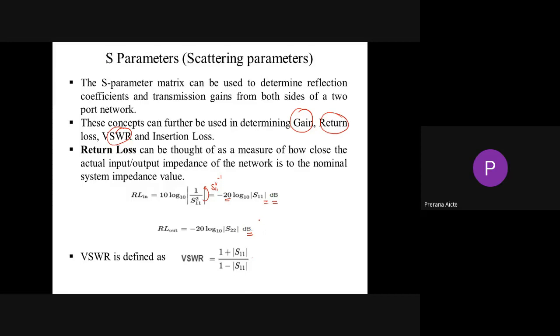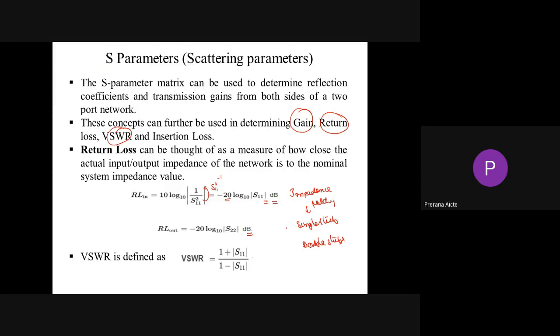Therefore, you can conclude that in this class we covered the impedance parameters and impedance matching using single stub and double stub.